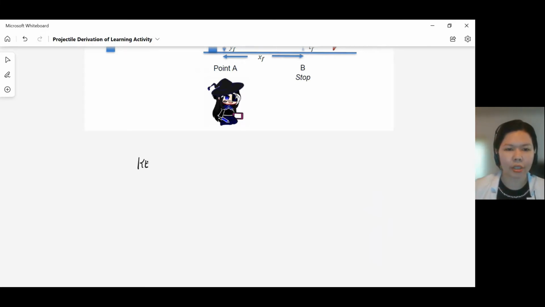Kinetic energy initial plus potential energy initial is equal to kinetic energy final plus PE final. So this is our conservation of energy.